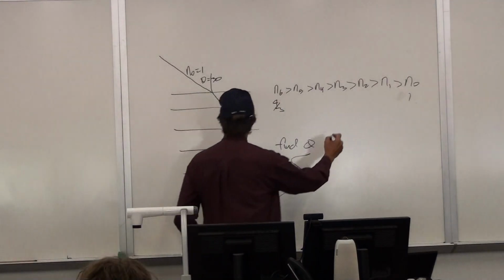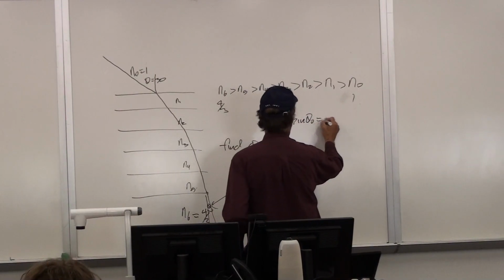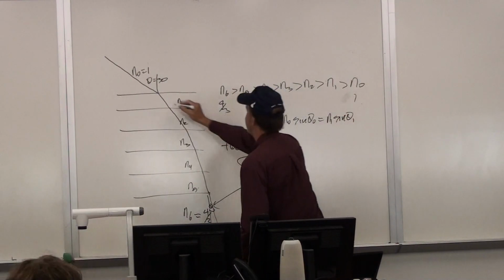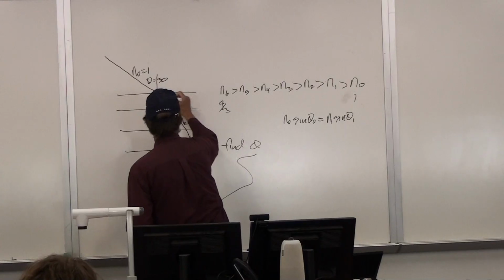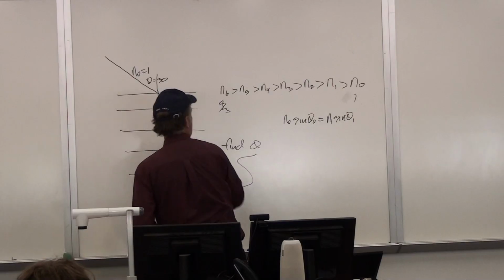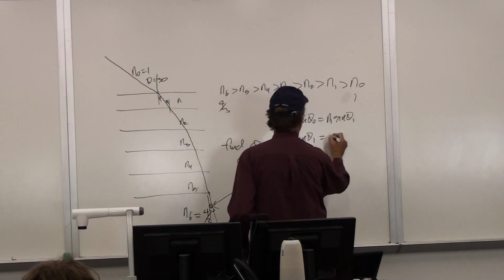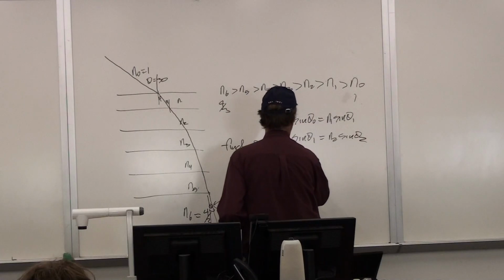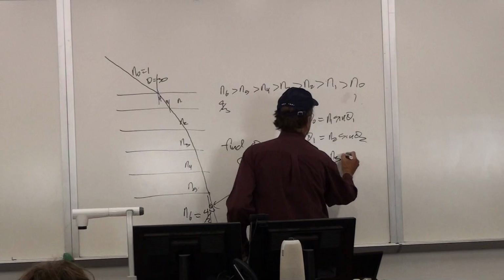Why? Because N0 sine theta 0 equals N1 sine theta 1. But then here in this one, this is theta 1. This is also theta 1. So you'd have N1 sine theta 1 equals N2 sine theta 2. And you'd have N2 sine theta 2 equals N3 sine theta 3.